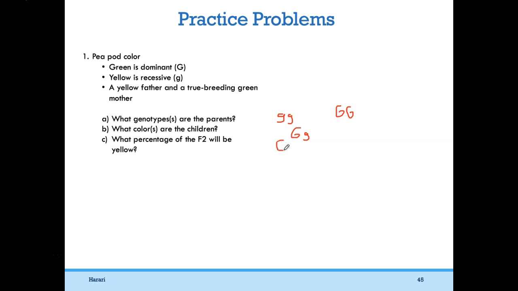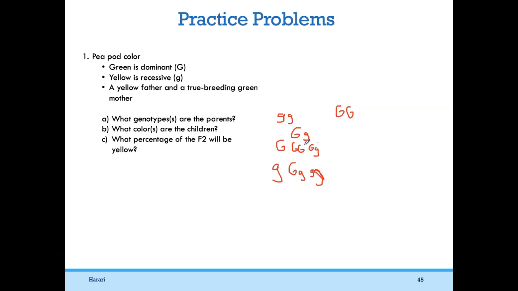What percentage of the F2 will be yellow? Well, for that, we have to do a Punnett square. Big G, little g times big G, little g. Let's do the Punnett square out. Here we have big G, big G, big G, little g, big G, little g, little g, little g.